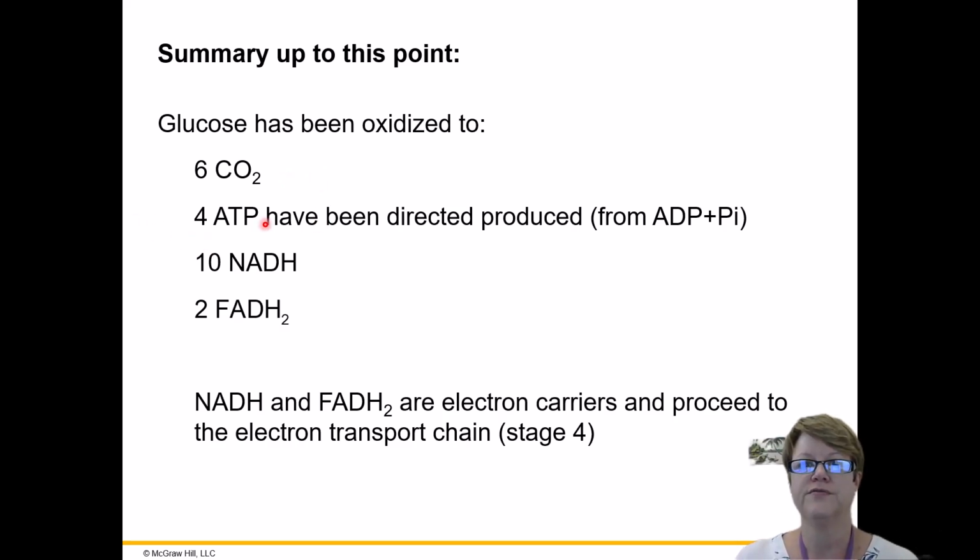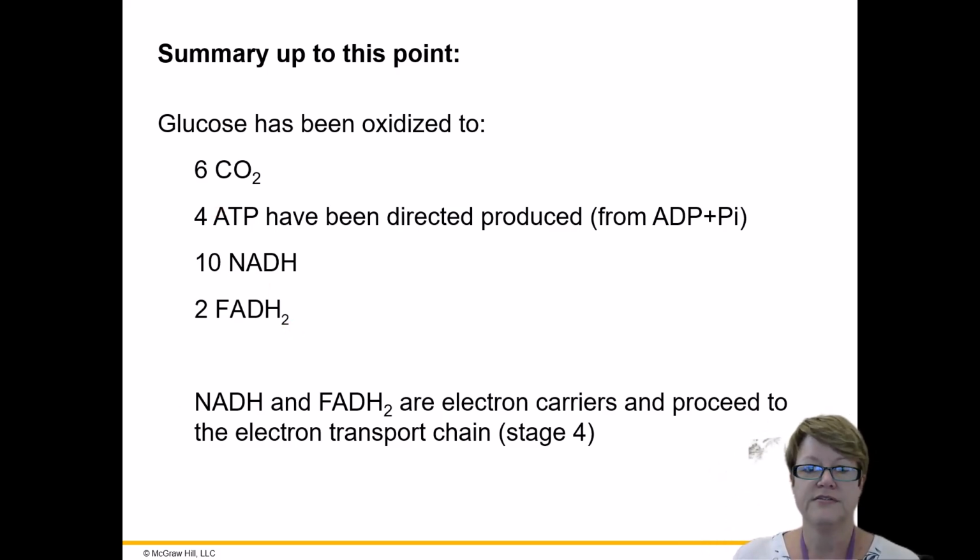We've made a total of 4 ATP directly produced, 2 of them in glycolysis, 2 of them in the citric acid cycle. And then we have piled up NADH and FADH2 from all 3 of the phases.